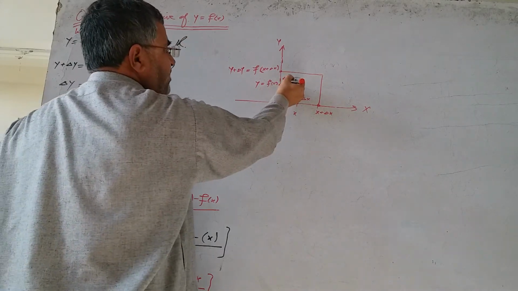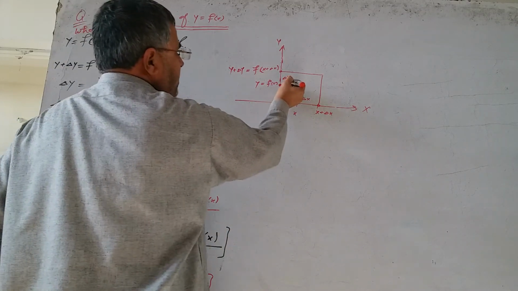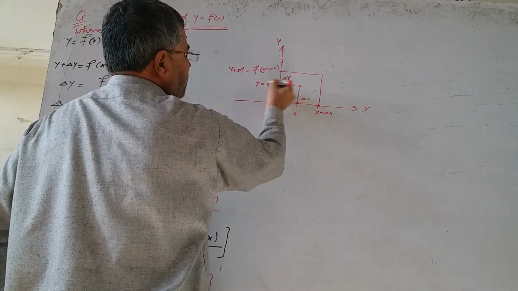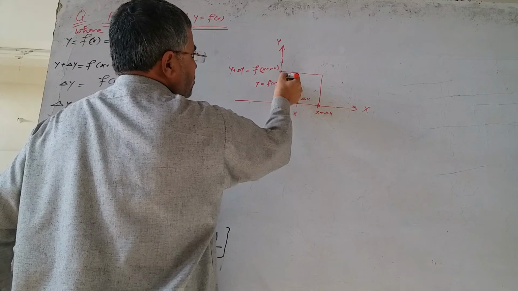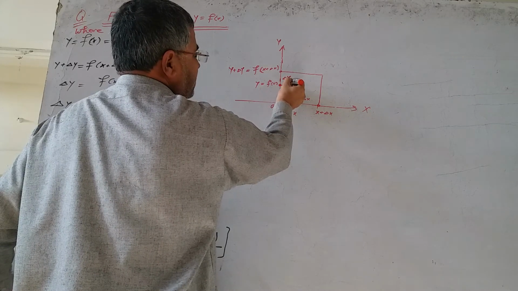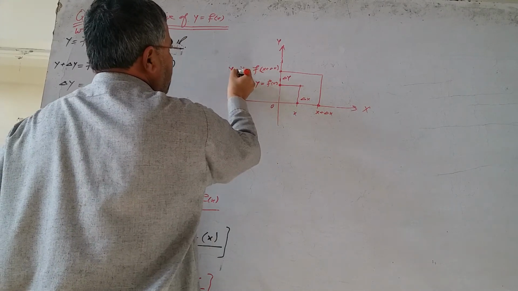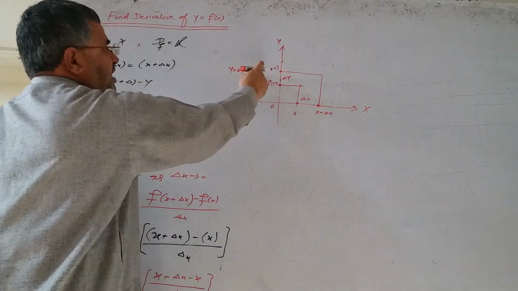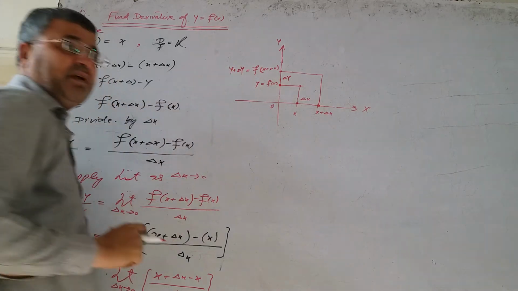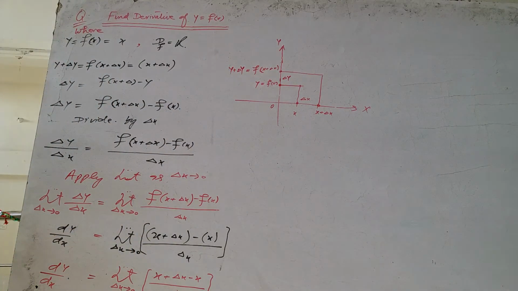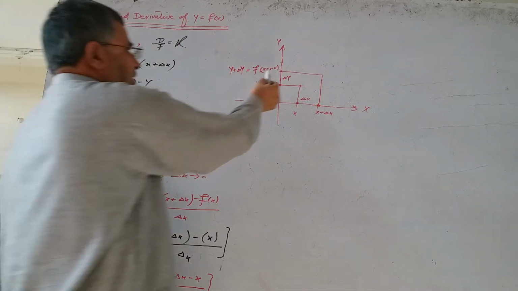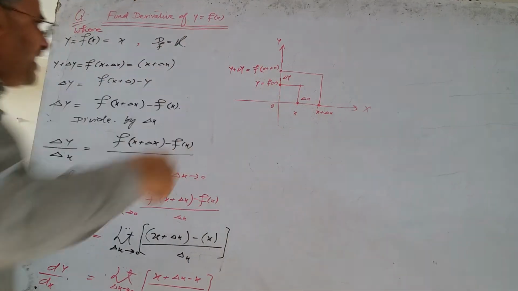The change in the dependent variable is denoted by del y. When we add this length del y to the point y, this point will be equal to y plus del y, or f of x plus del x will be equal to y plus del y. This is another notation for the point f of x plus del x on the y axis.